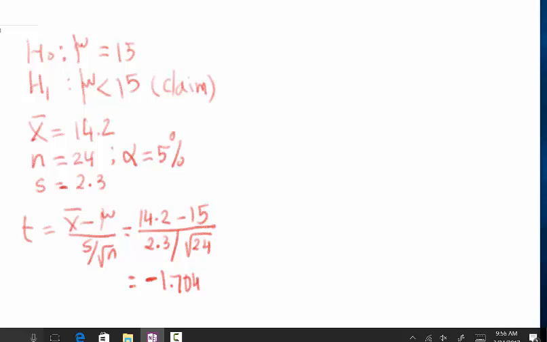Let me show you what the p-value is. So this is the t distribution. When the population standard deviation is not given, which is the case in most problems, we have what we call a t distribution. So I'm going to put t here.